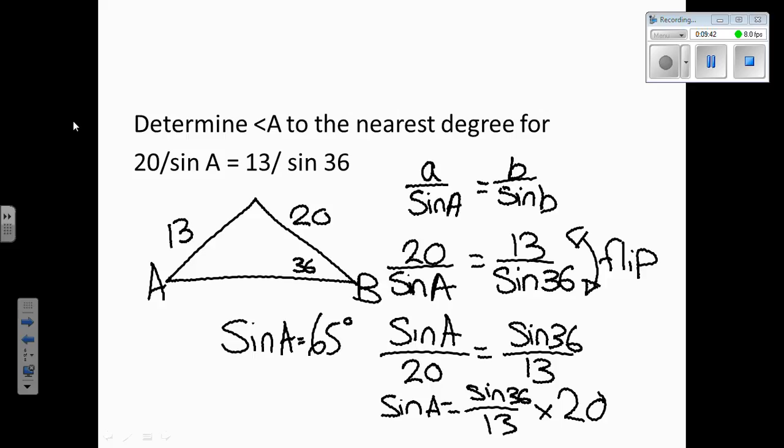So my angle A equals 65 degrees. Remember, you're going to have to do second function sine to get the inverse.